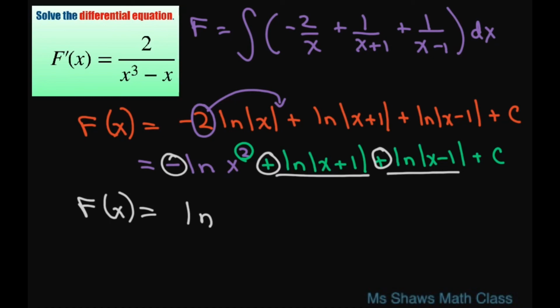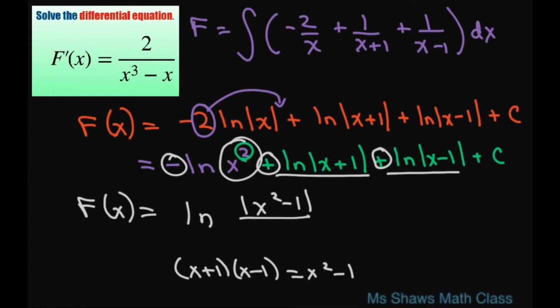And remember, this is going to be x plus 1 times x minus 1 equals x squared minus 1. So I can just write this as absolute value of x squared minus 1. And I can just put this in the denominator, so that's x squared. Put little parentheses there, plus c. And this is going to be your final answer.